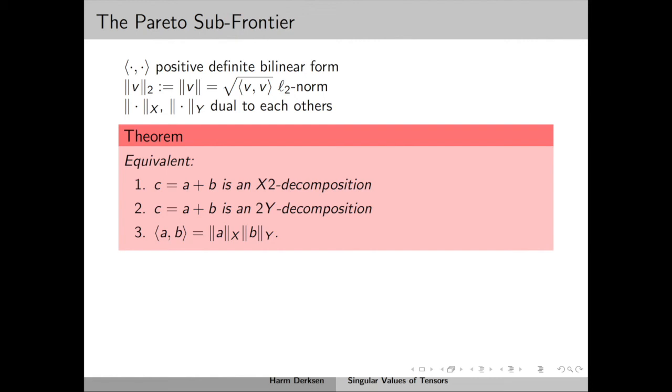So that's where we try to optimize the x norm of A versus the L2 norm of B. That's equivalent to saying that C is A plus B is a 2y decomposition. So that's when we try to optimize the 2 norm of A versus the y norm of B. And this is also equivalent to the inner product of A and B being equal to the product of these norms. So remember, these norms are assumed to be dual to each other. So we always have less or equal, but 3 says that we have equality.